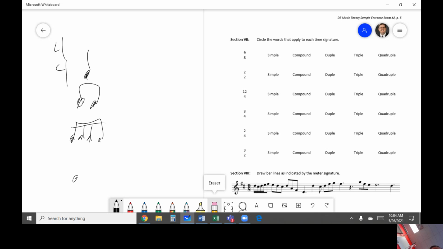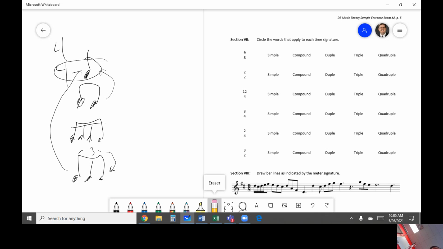In order to divide it into 3, you have to put that special 3 symbol up there. That special 3 symbol is showing you that that eighth note triplet is not the native subdivision of that quarter note. The eighth note duple, 2 eighth notes there, is the native subdivision of that quarter note. So anything with a 4 on the bottom is going to be simple because it's divided into 2.